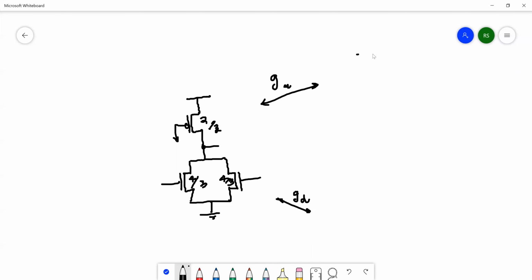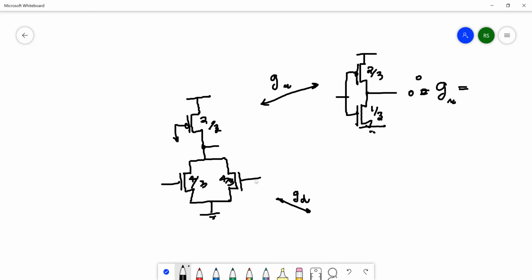So two by 3, and here this is 1 by 3. Okay, half of the NMOS, and GU. Now be careful, input capacitance of my gate.